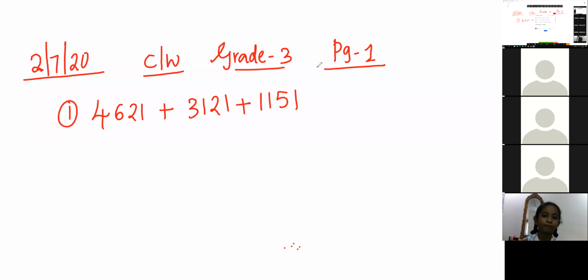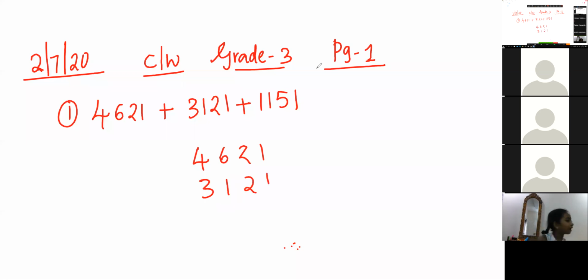Here we don't face any big problem, as we have 4-digit numbers for all three numbers. Let us place them under proper place values: 4621 plus 3121 plus 1115.